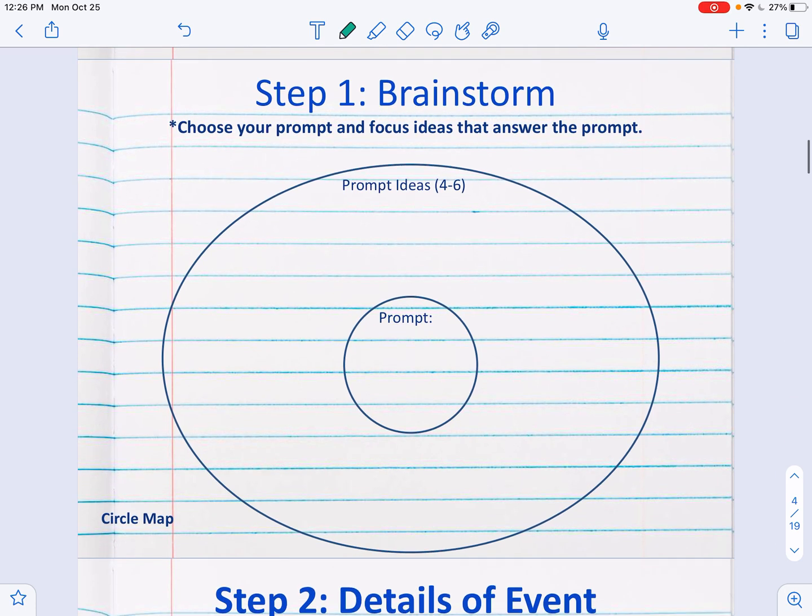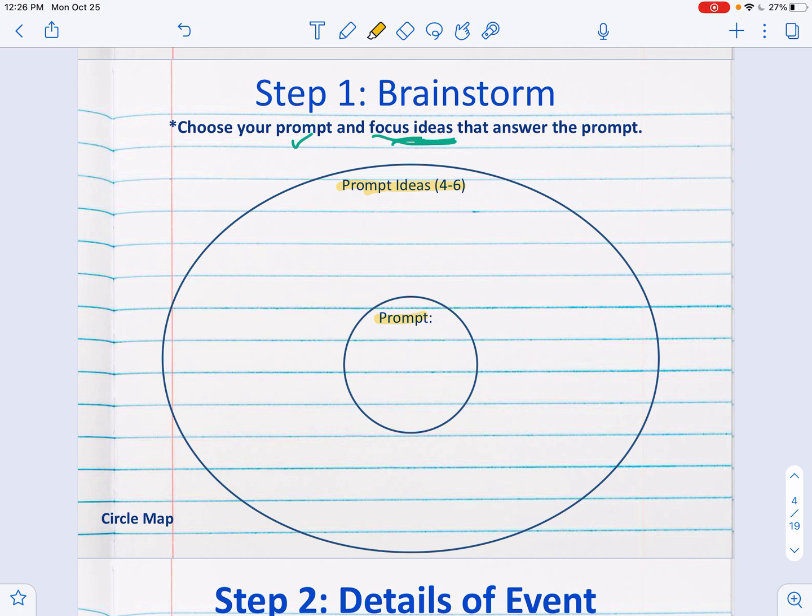And then we're going to go to step 1, brainstorm. In step 1, brainstorm, it says that we're going to choose our prompt and we're going to focus ideas that answer the prompt. Well, we've chosen our prompt, so now we have to focus ideas that answer our prompt. So we have to come up with 4 to 6 prompt ideas. This is called a circle map.